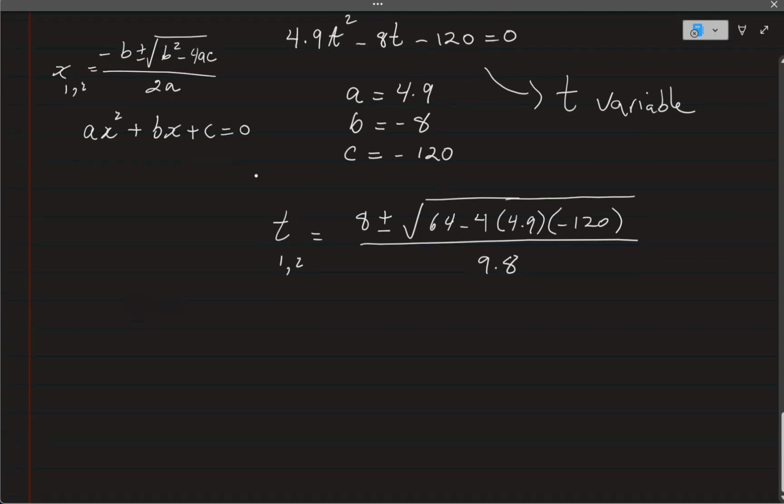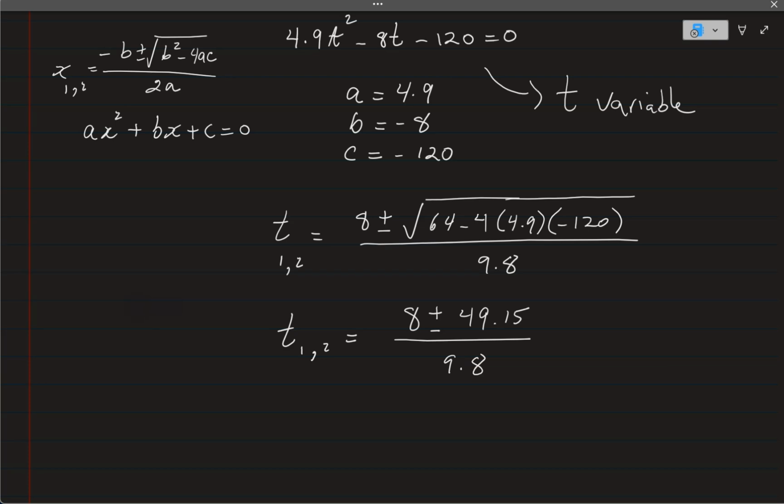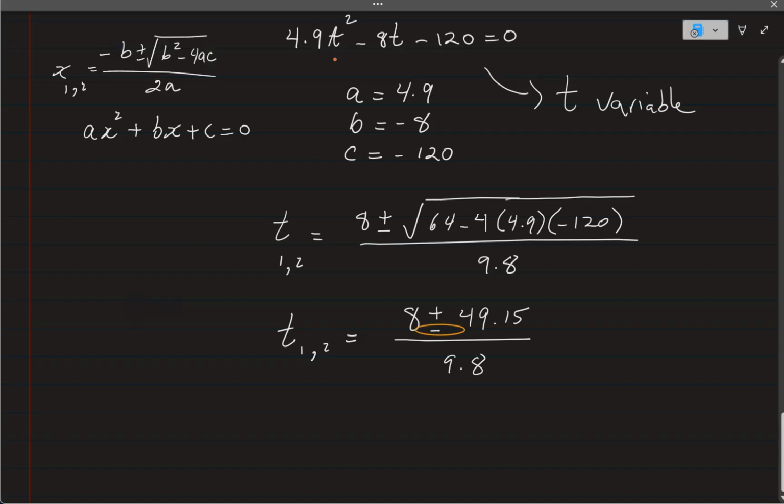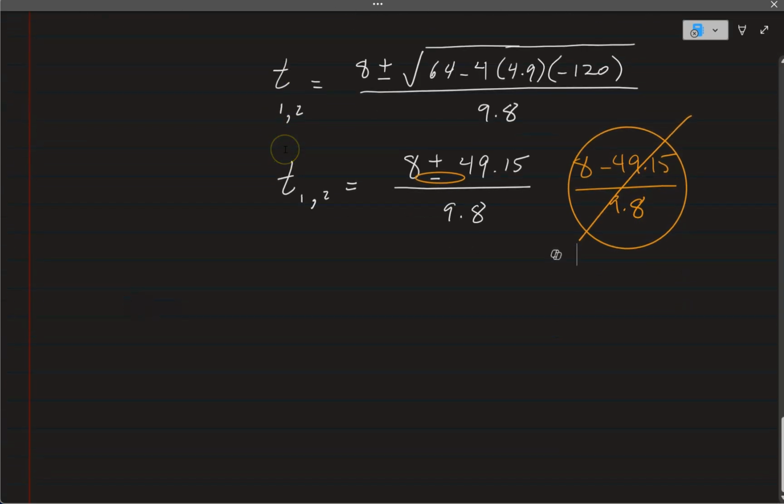When you do the math, everything is said and done, you will get t1, 2 equals 8 plus or minus 49.15 divided by 9.8. But then you can't take the negative value, that means 8 minus 49.15 divided by 9.8. You can't accept that because the value on that one is negative. We don't have negative time. So you have to take the positive only. And then you just use the positive.